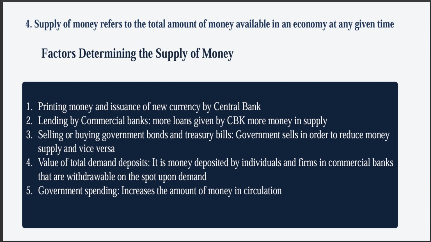So if they buy bonds, yamaanisha pesa wazipeana kwa central bank, na pesa zikipeana kwa central bank, obviously you know what happens. So the government sells. So government, when it sells those bonds, they reduce money supply.